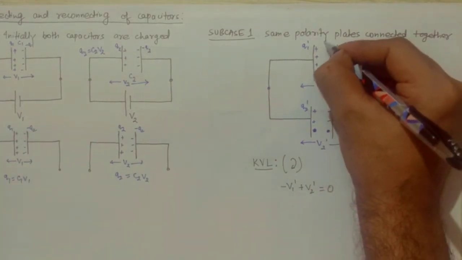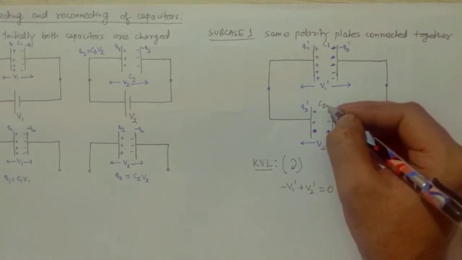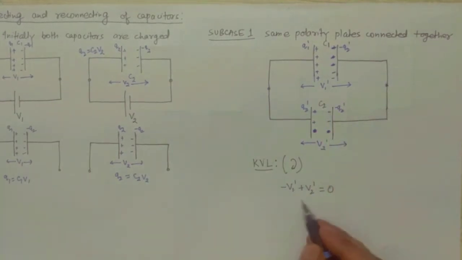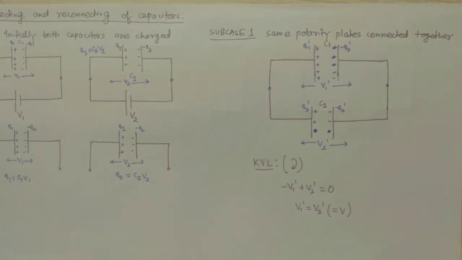This is our capacitor 1 having capacitance C1, and this is our capacitor 2 having capacitance C2. So from here we get that V1 dash is equal to V2 dash, and let us assume this is equal to V, that is the final common potential of the two plates.